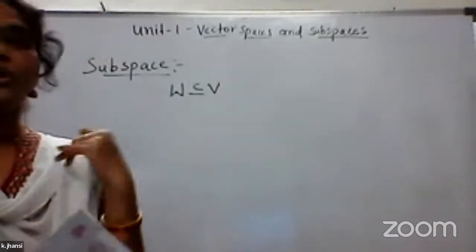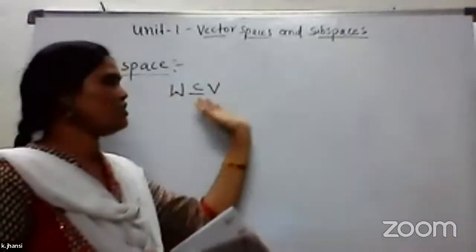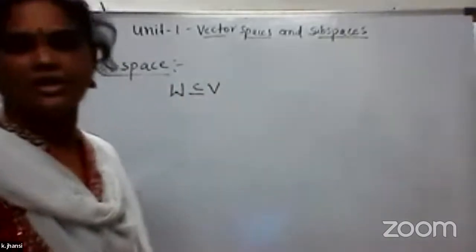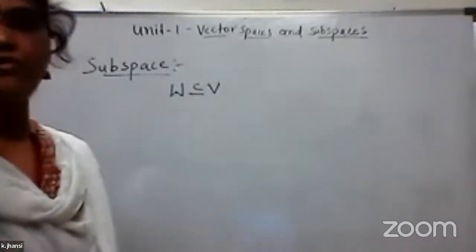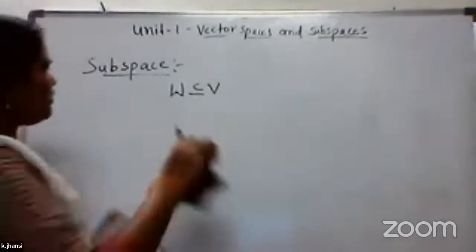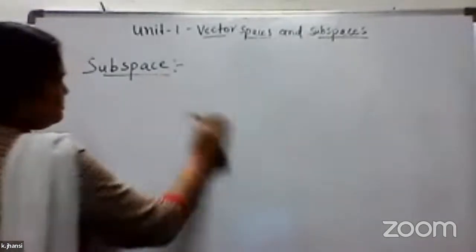There is no need of showing those 9 properties. Just show these 2 necessary and sufficient conditions, then you can tell that W is a subspace of V. So you have the definition of subspace.